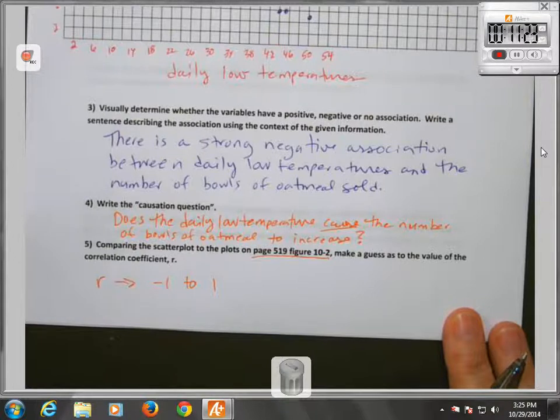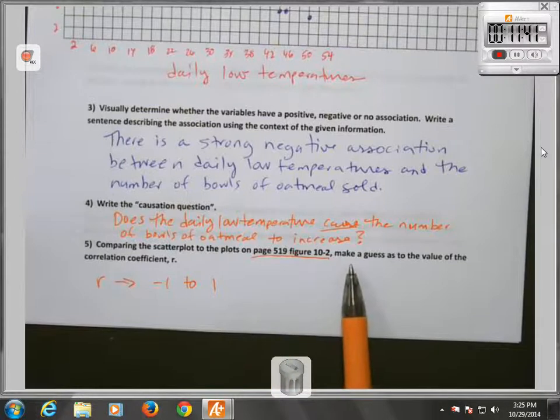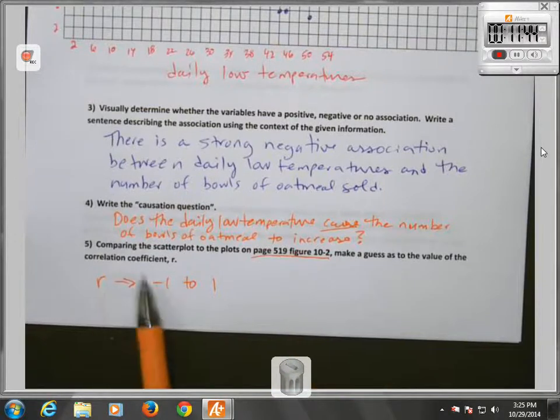It's a decimal number. The closer it is to -1 or +1, the stronger that correlation will be. So if you can review that page and have a look at what those look like, that's fine. If not, just take a look at it in class next time. So we're going to make a guess here about this correlation coefficient R. We've talked about this a couple of times.